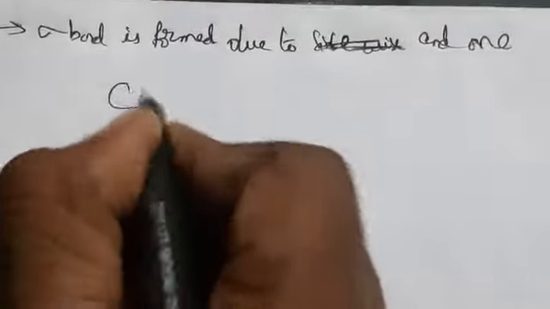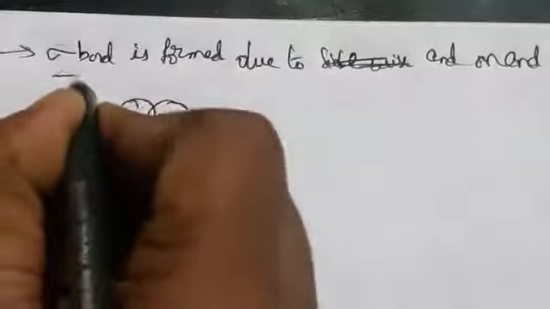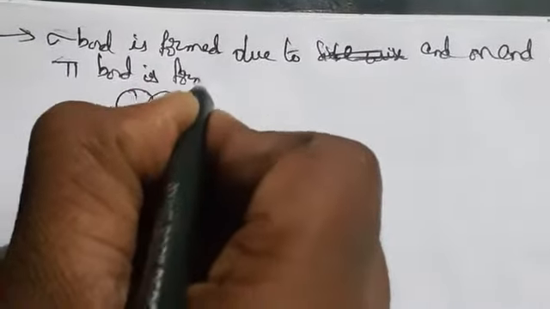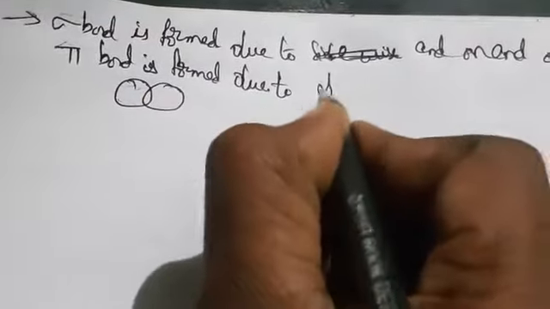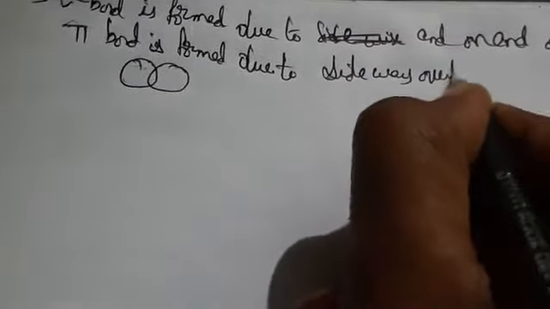Why? Because it is forming like this only. Now this is end on end overlapping, whereas pi bond is formed due to sideway overlapping. So this one we call sigma bond and pi bond.